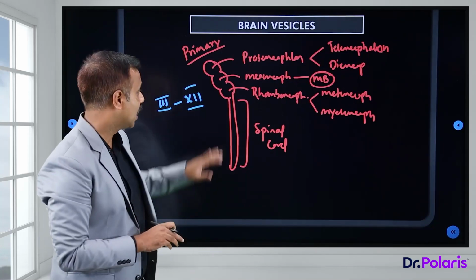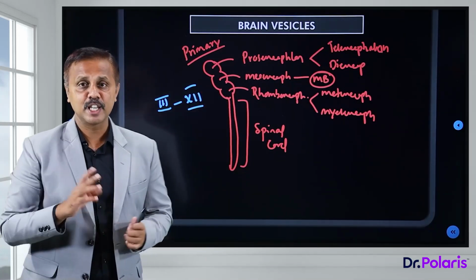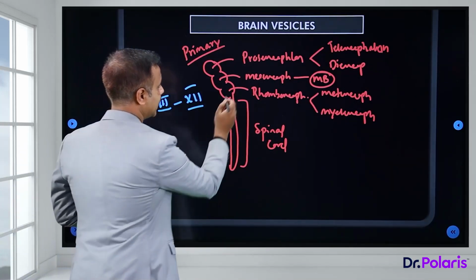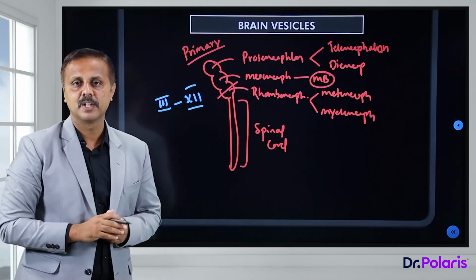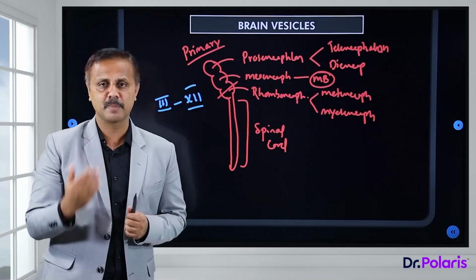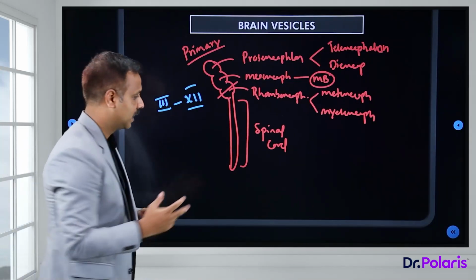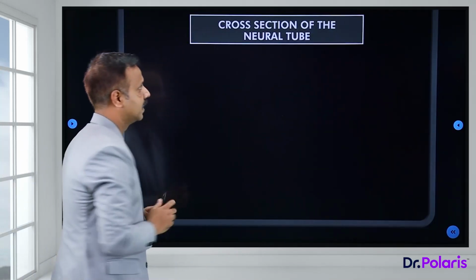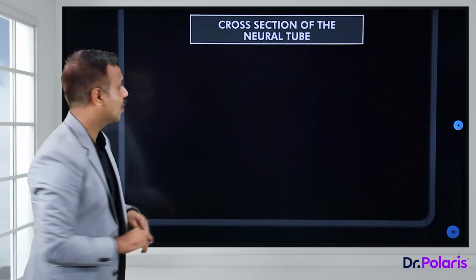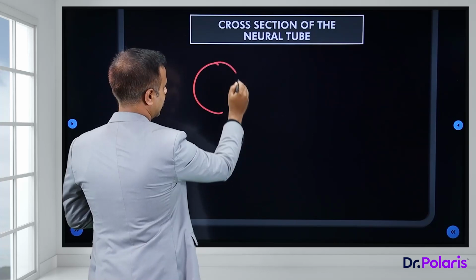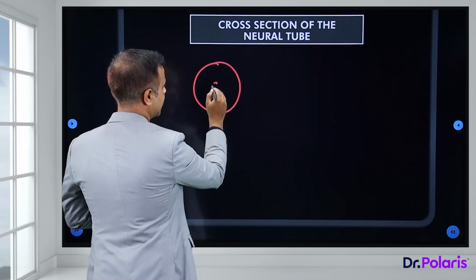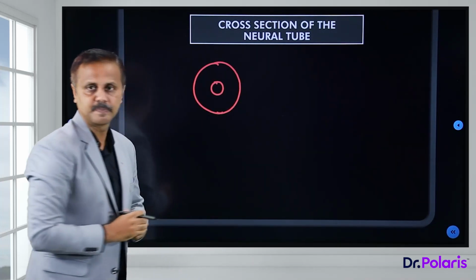Right? Fine. Now, once we have done this, imagine if we are taking a cross section here at the rhombencephalon, that is metencephalon or myelencephalon, how does it look? Let's try to draw it. Now, the cross section of the neural tube will look something like this. It has a peripheral wall, then it has a lumen.